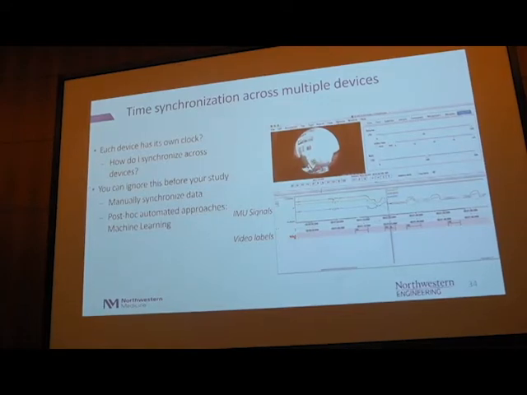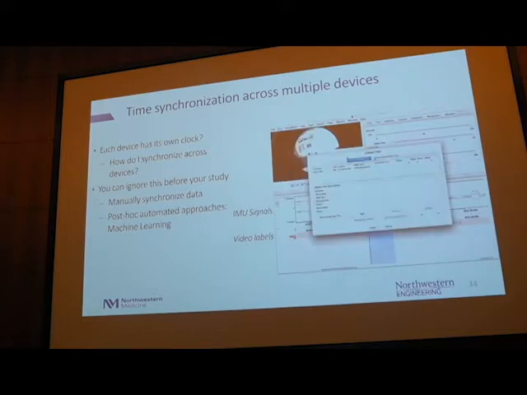You can ignore this before your study, but it'll really bite you when you're analyzing your data, because you're going to need to manually do this for all your data, which is a huge burden. Or you might look at machine learning approaches to do this, but those are also extremely challenging.